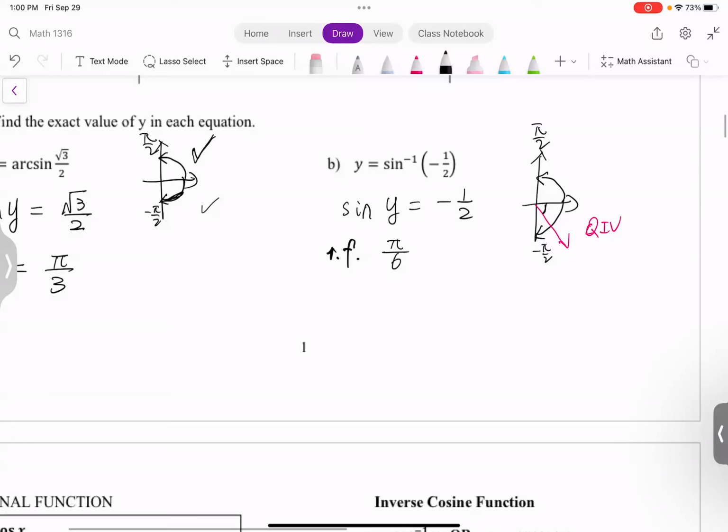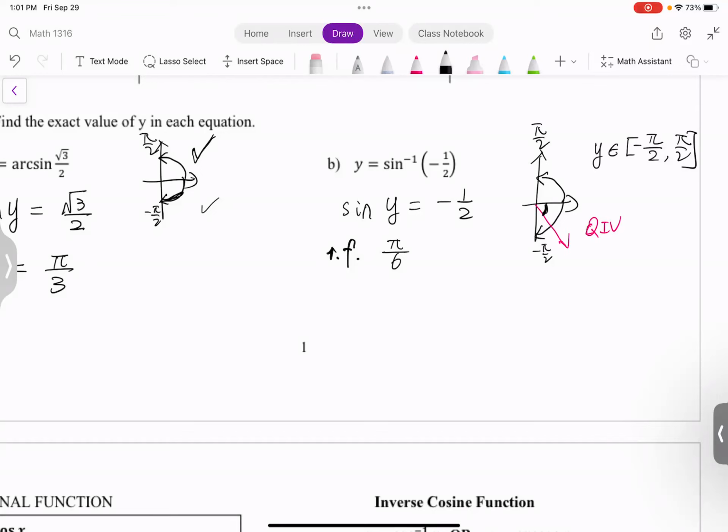That means this acute angle is pi over 6. But how do I find the actual angle? The y is between negative pi over 2 and pi over 2, so the y must be a negative angle because it's in the fourth quadrant.